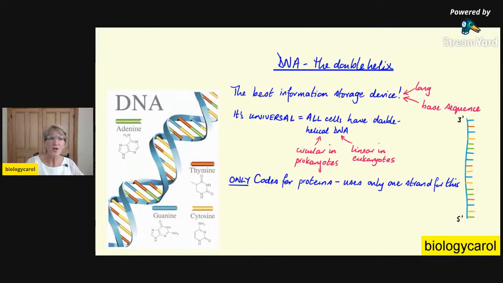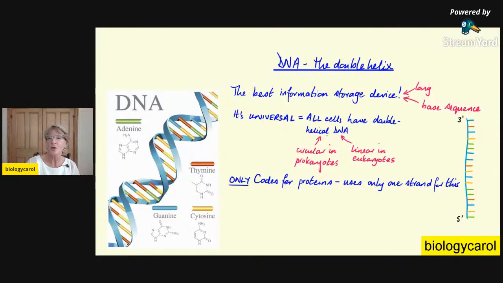And therefore, why on earth does DNA only code for proteins? Well, it's because proteins make everything happen in the cells. Enzymes can put together other molecules to make the lipids and to make the carbohydrates.